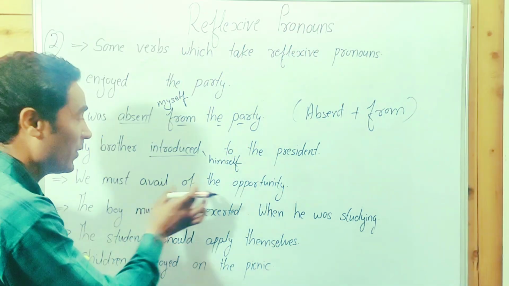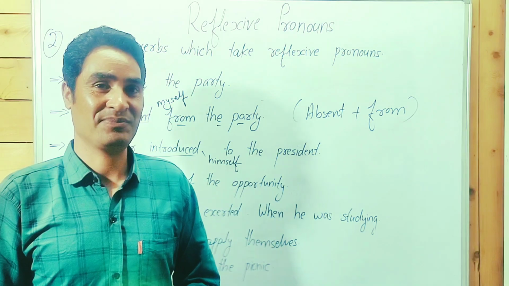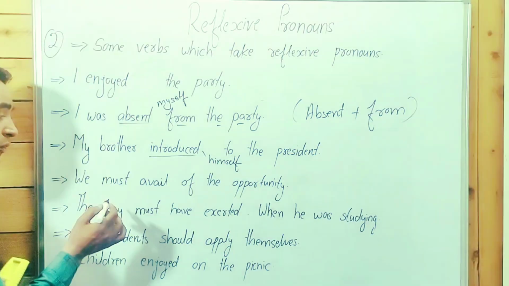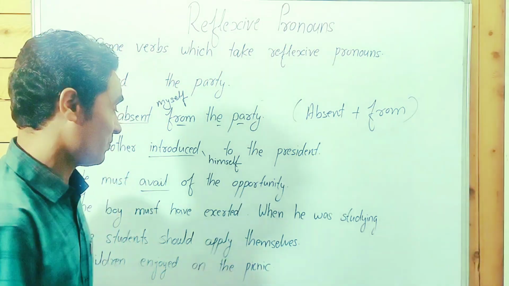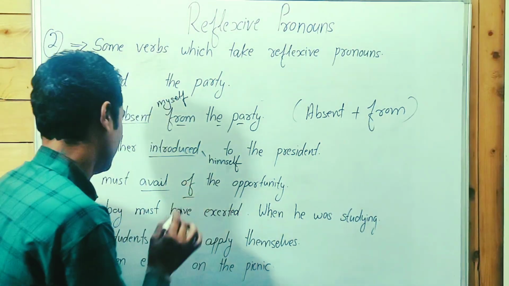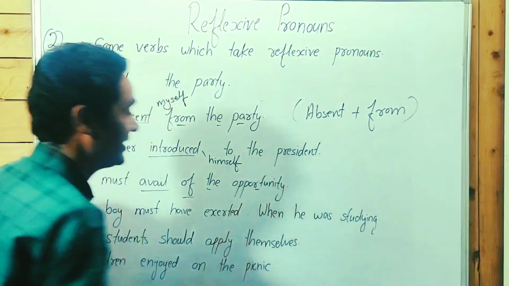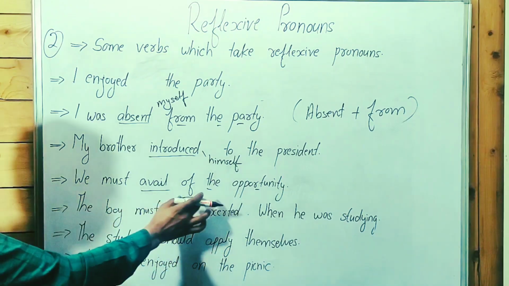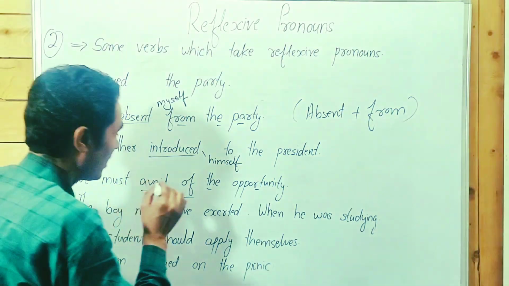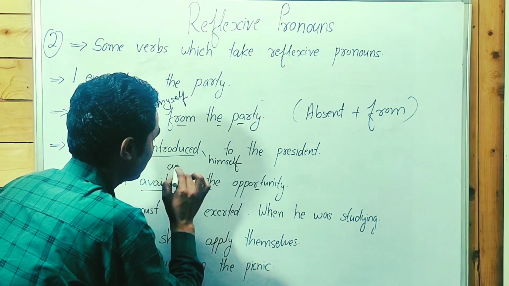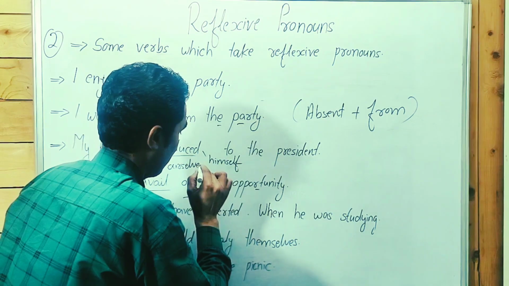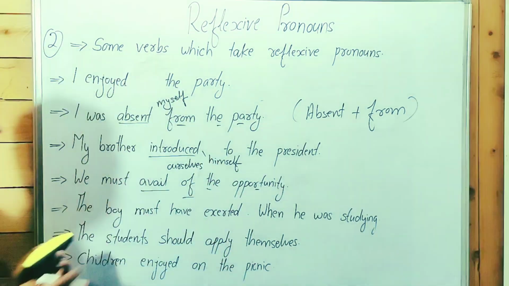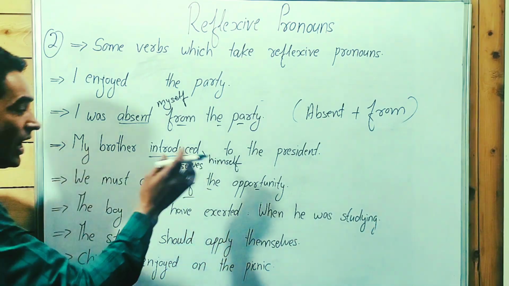"We must avail of the opportunity." Guys, point to note, even here, avail is a transitive verb. A transitive verb takes an object, not a preposition. Here the opportunity is the object of the preposition of. "We must avail of ourselves." Guys, point to be noted, ourselves of the opportunity.